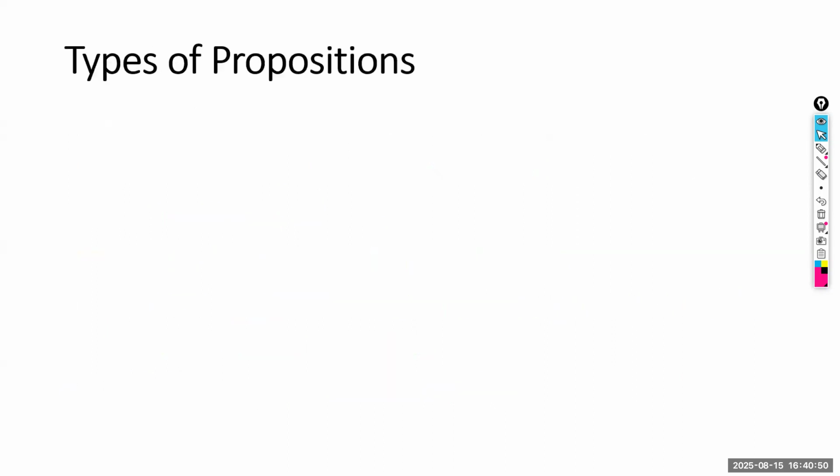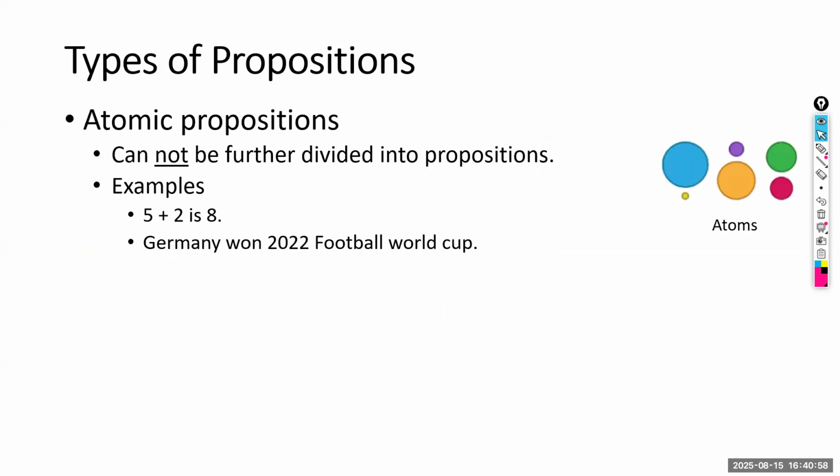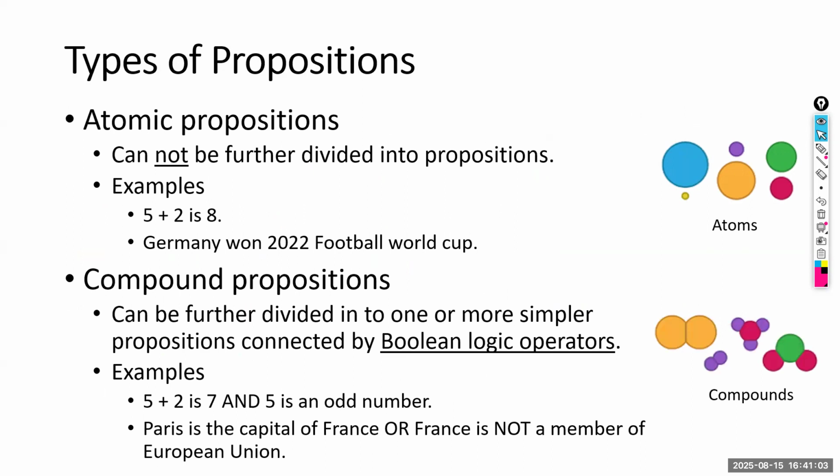Right. So there are two types of propositions. What are those two types of propositions? Atomic propositions and compound propositions. Atomic, you know the meaning of the word atomic, atom, paramanu. So atom means you can't break it further. That is the smallest unit of that material.